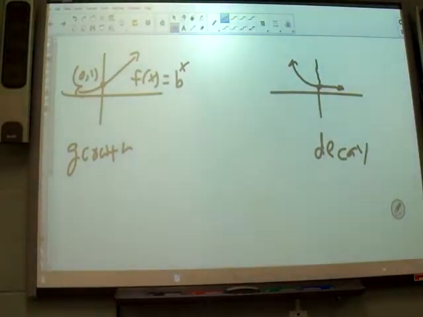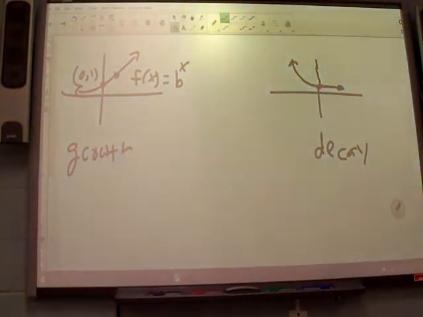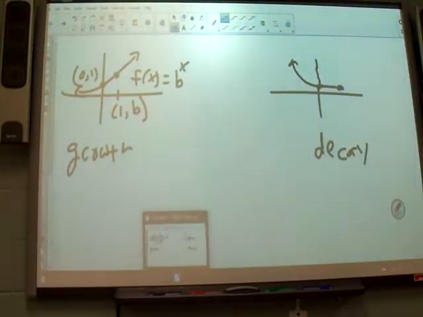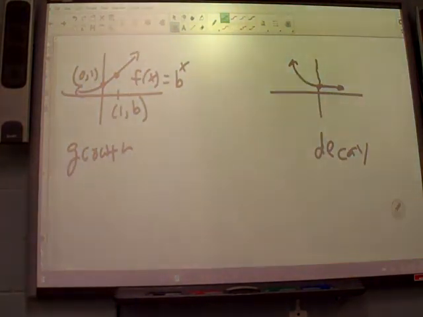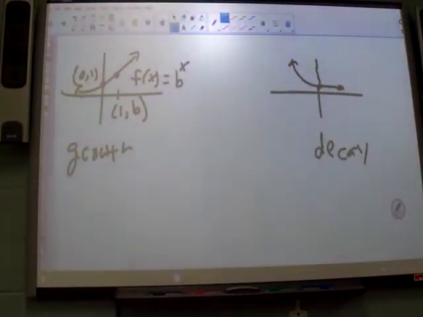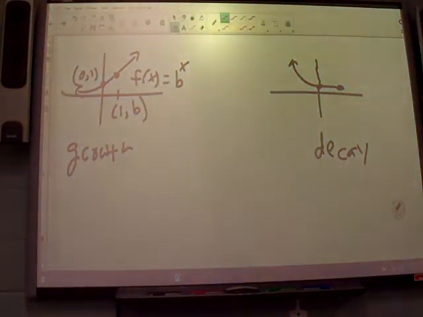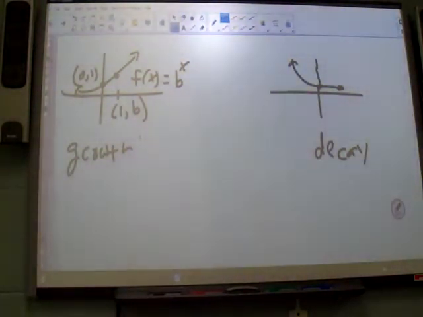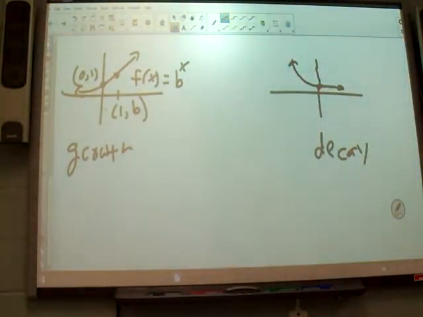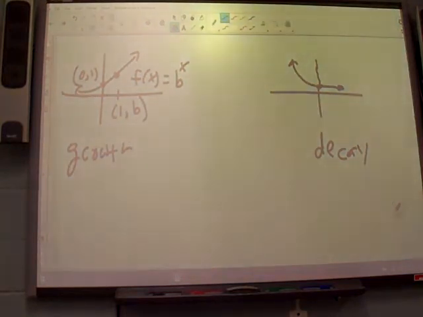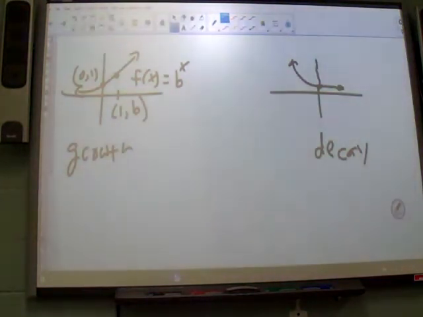And then the other point that it will always go through is 1, b, whatever your b is. So if this had been f of x equals 3 to the x, it would go through the point 1, 3. So your x is always going to be 1 when you're graphing. That 1 will always be on the curve somewhere, yes.